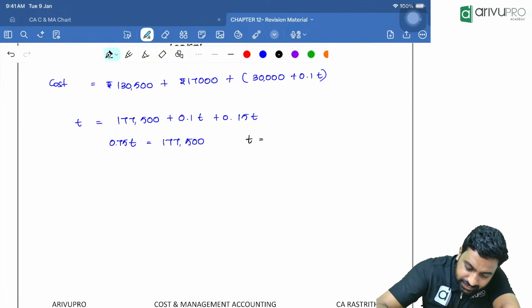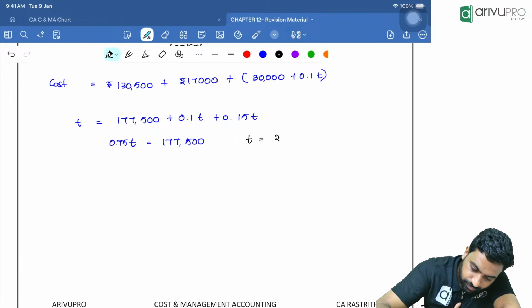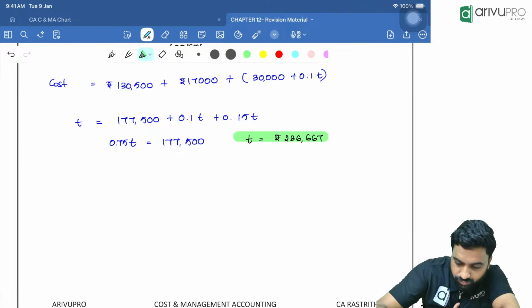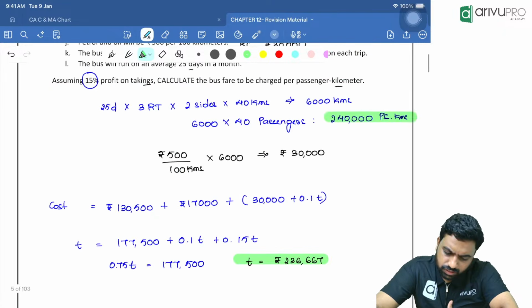So takings is equal to what? We have to calculate the 15% in total. Takings.